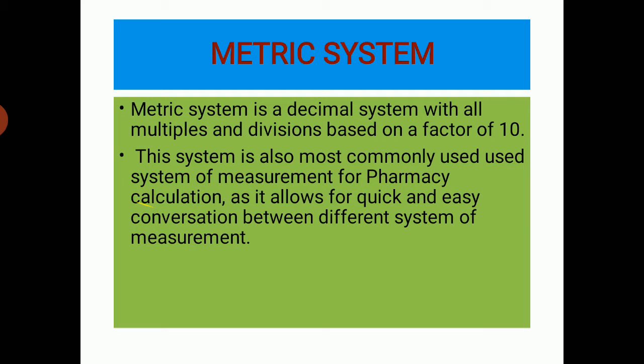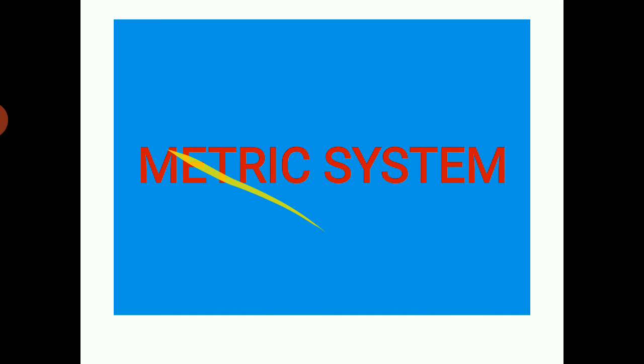We will start with the metric system, and there are three other topics remaining: the alligation method, proof spirit and isotonic solutions. So first we discuss the metric system.